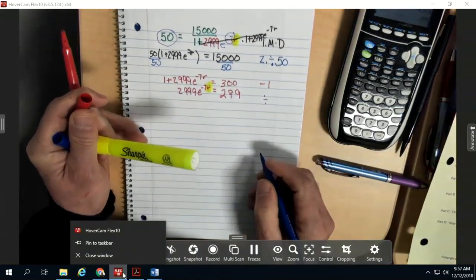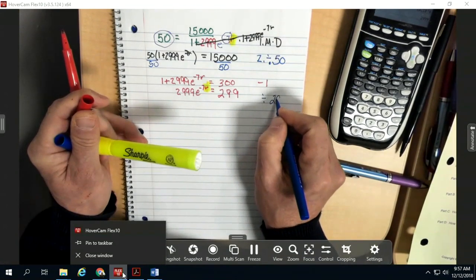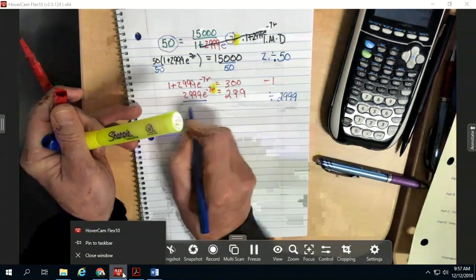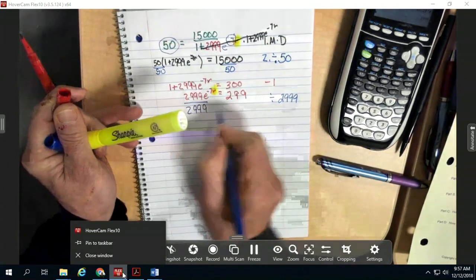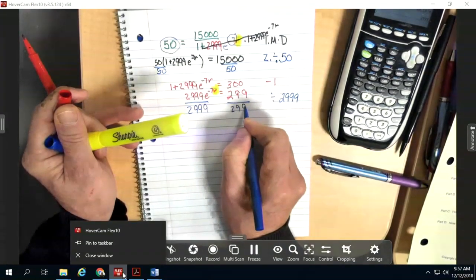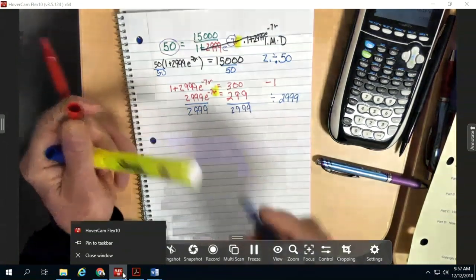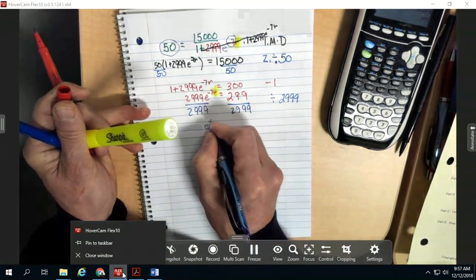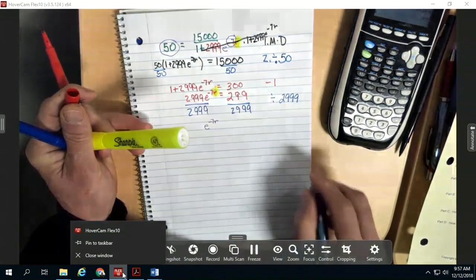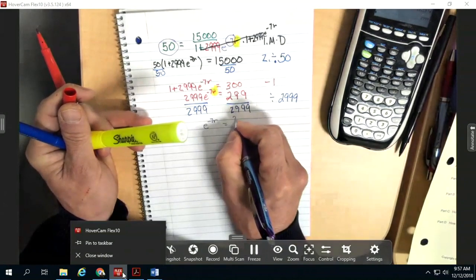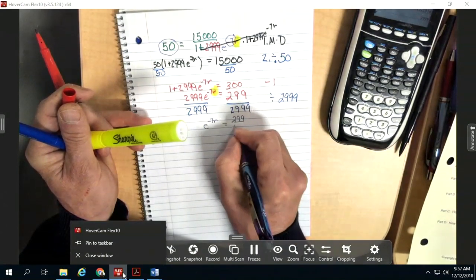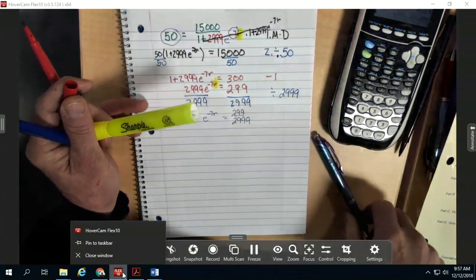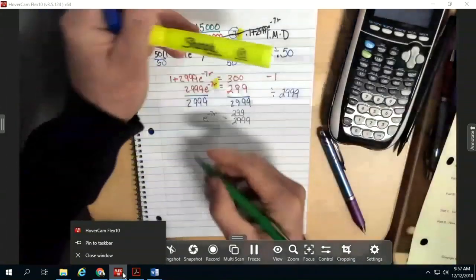Divide by 299. And all we have left on the right side is e to the negative 7r, and on the left side, we will have 299 over 299.